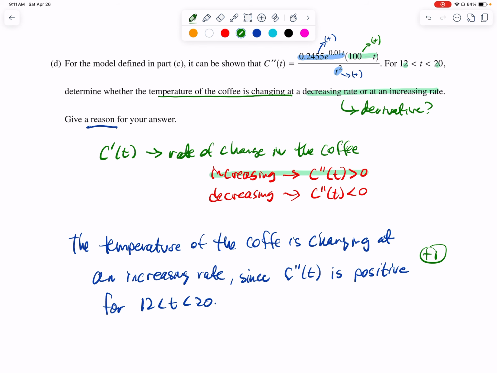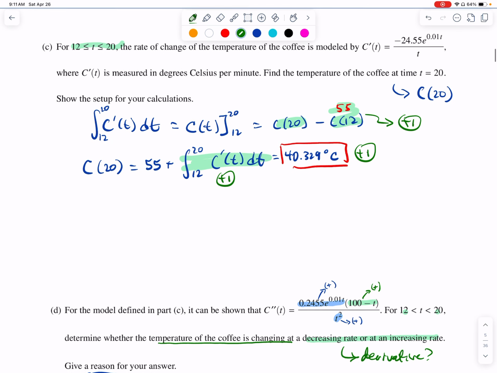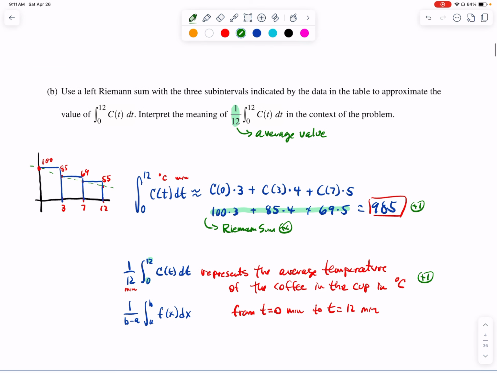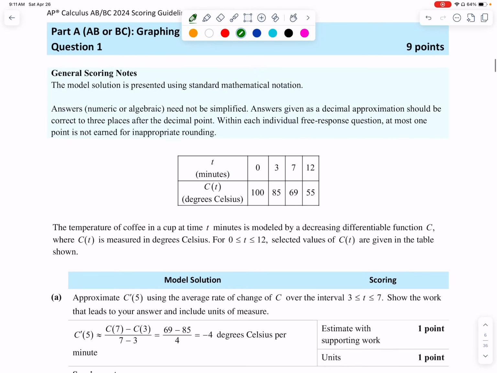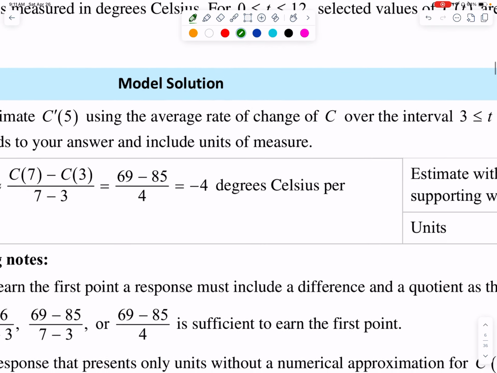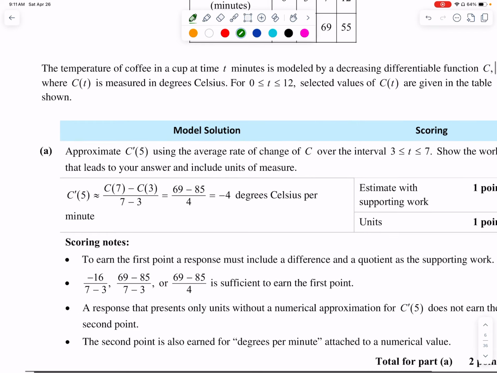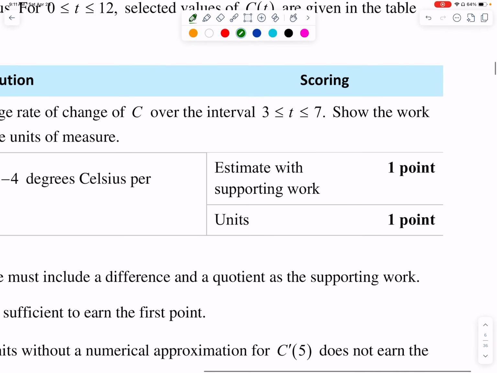Okay, so we're going to take a look at the scoring guideline, see how we did, and then see if the points that I thought they were actually were the points. The scoring guideline is just down below here. We had a -4 degrees Celsius per minute, and that is the answer that we got. And we can see the point breakdown. There's two of them.